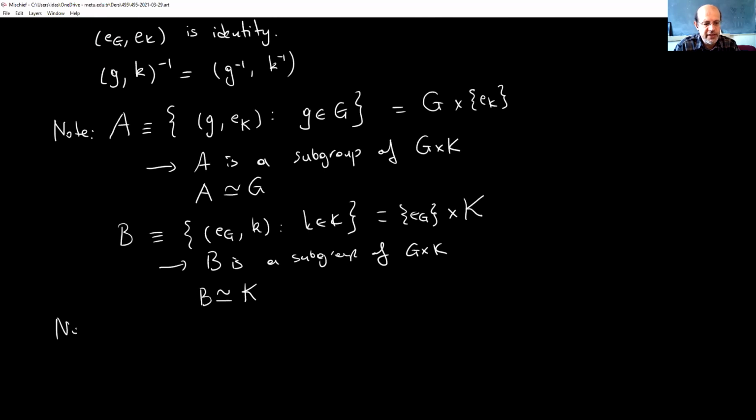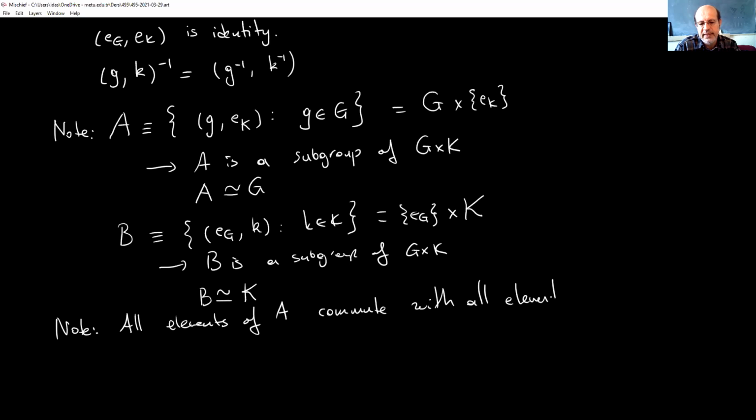There's another feature, another note in here. All elements of A commute with all elements of B. I can show it like this.